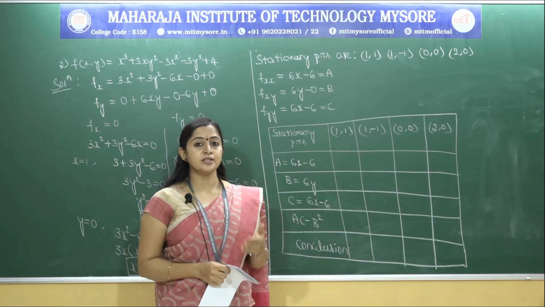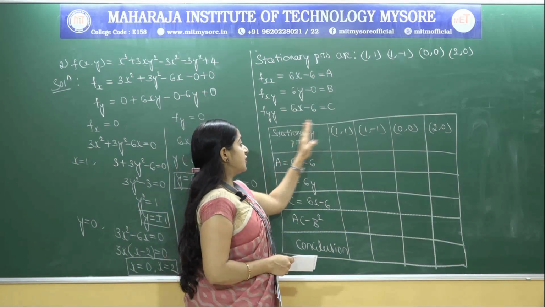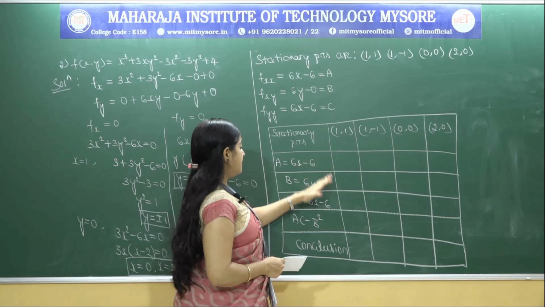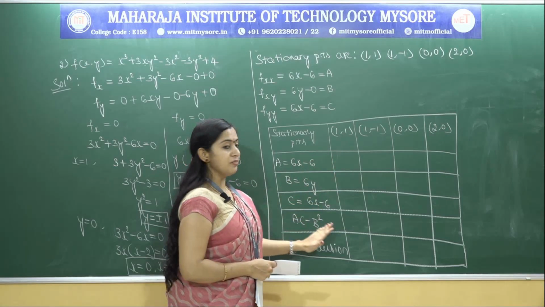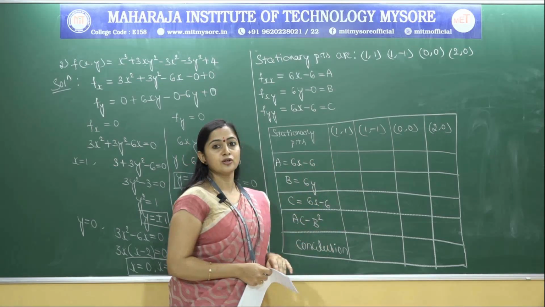So for that I construct the table. These are the stationary points, then A, B, C, and you have to compute AC minus B square, then you have to write the conclusion.